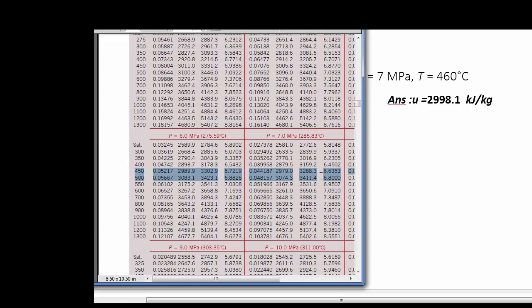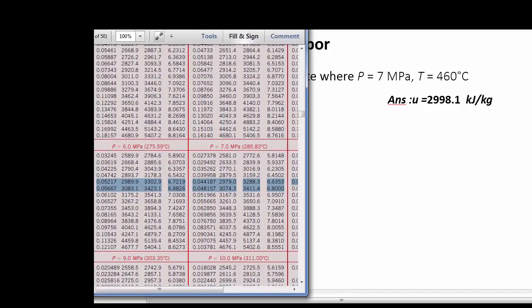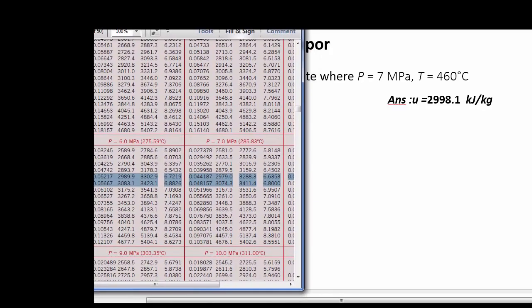So you need to perform a mathematical solution, which is called interpolation. How do you do the interpolation? It's actually quite easy.